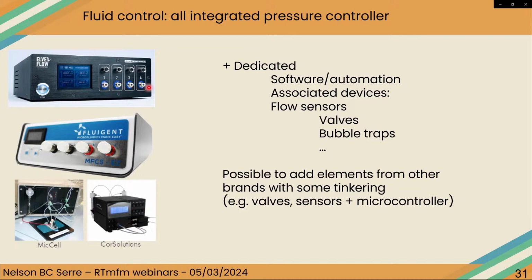The maximum output channels are 4 in both cases, and in both cases they have software and automation capability through some very easy macro, and you have all the associated devices like flow sensors, valves, bubble traps, and other things. And I will not talk so much about it today, but it's possible to add elements from other brands with some tinkering with microcontrollers and things like that.